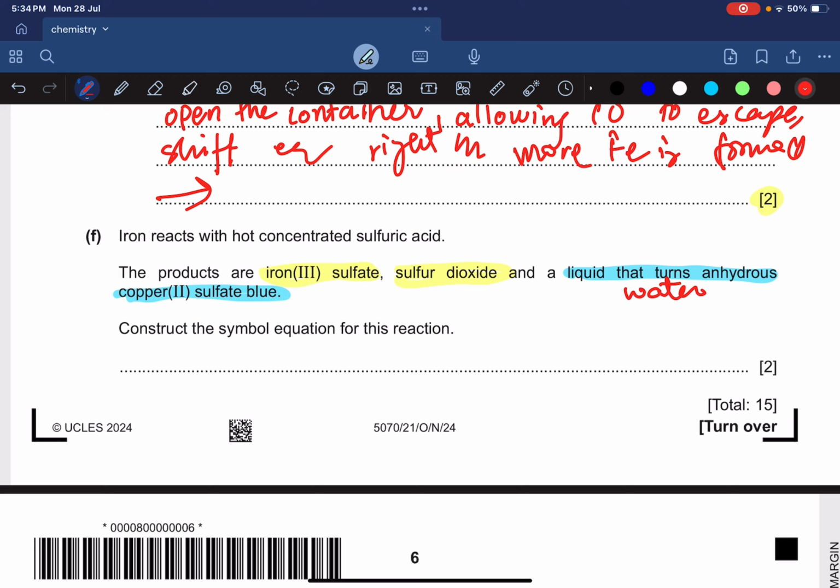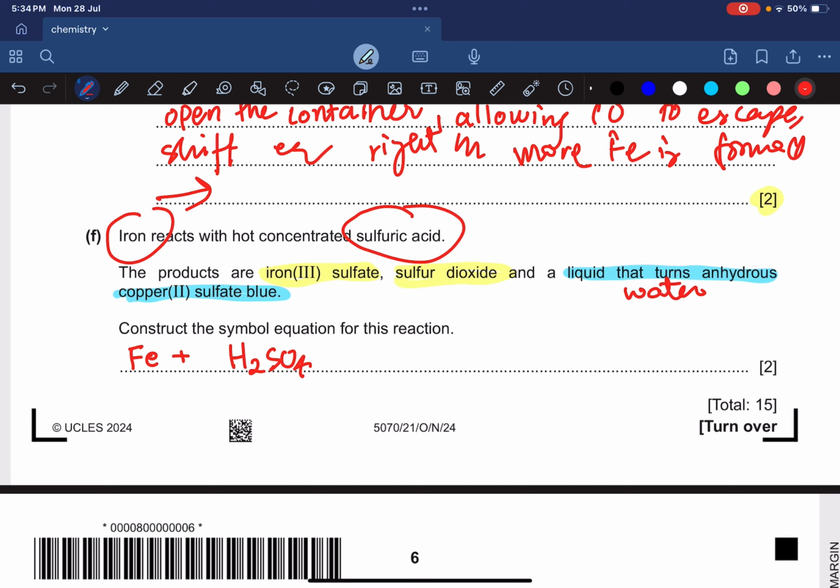The simple equation is going to be that iron is reacting with concentrated sulfuric acid. So our reactants are going to be iron, which is Fe, and sulfuric acid, so it's H2SO4. The hot and concentrated part, we don't have to add in our equation.